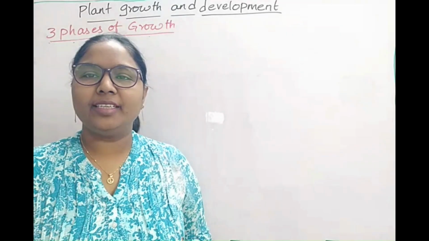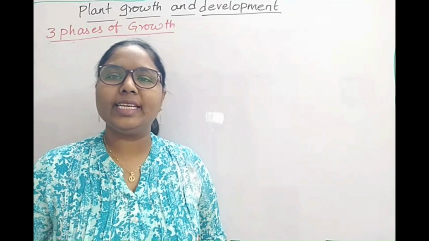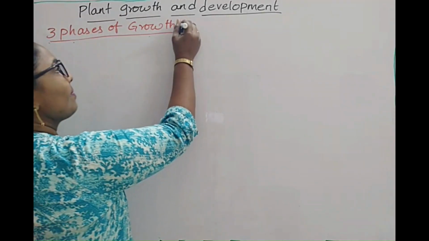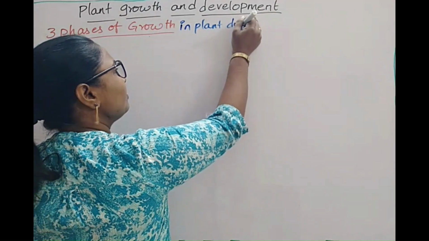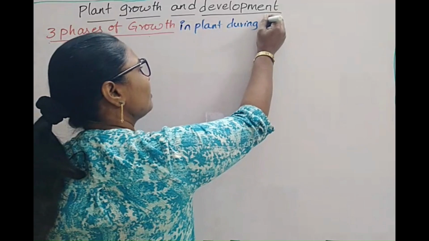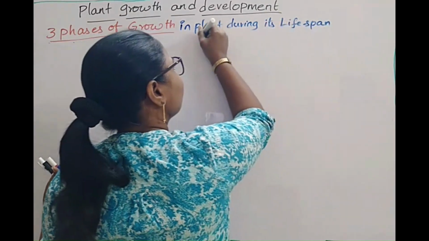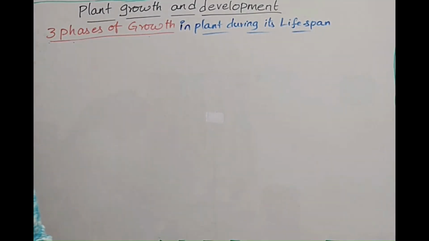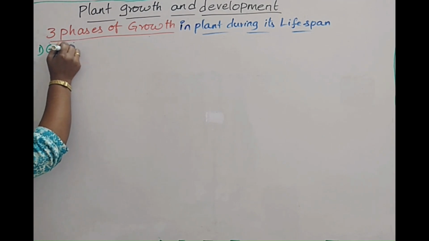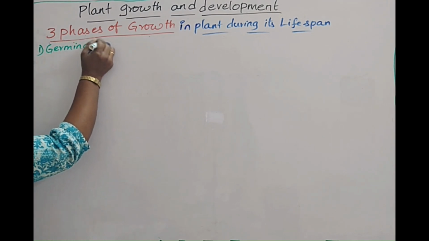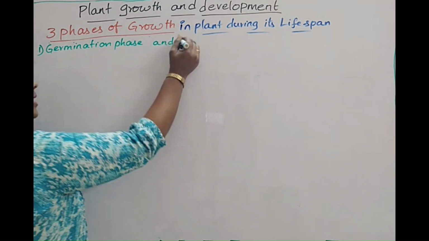Hello students, now we will learn about different phases of growth in case of plant body during its lifespan. First one, germination phase and vegetative phase.